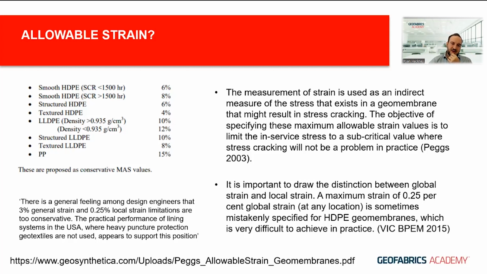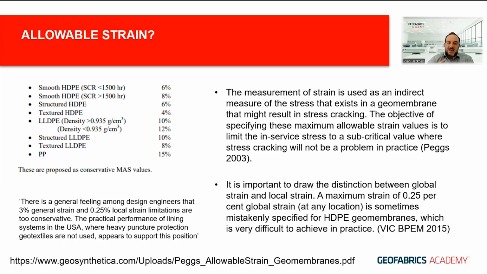There are some recommendations given by Peggs, and it's also replicated in the Bepham guidelines. You can see there's actually a specification in terms of different resins: low stress crack, high stress crack. Obviously, the higher stress crack resistance, it's less susceptible to stress cracking.